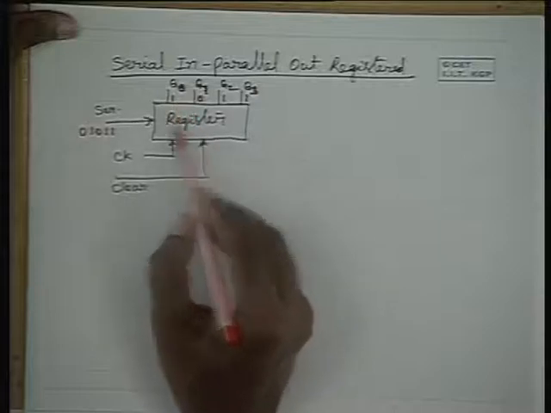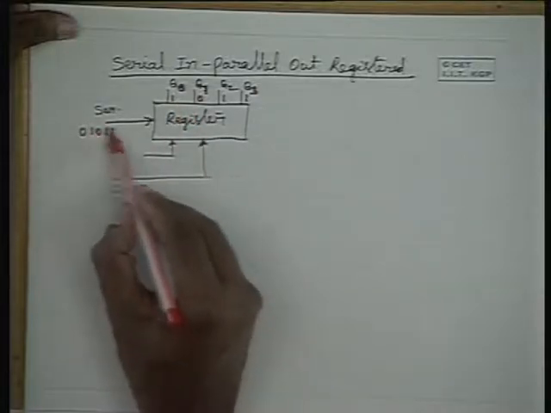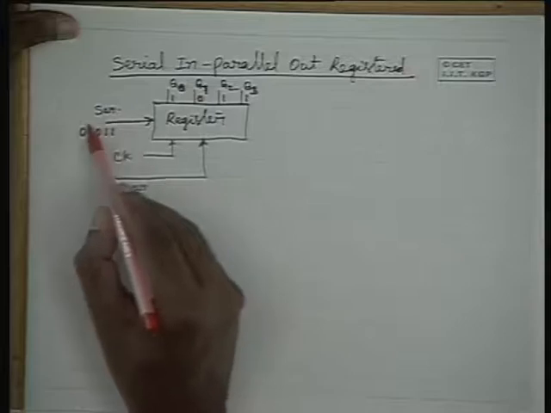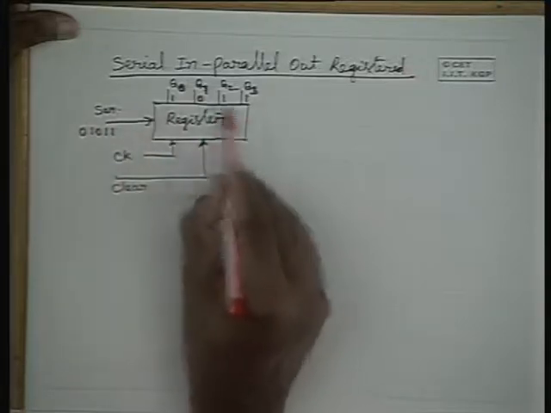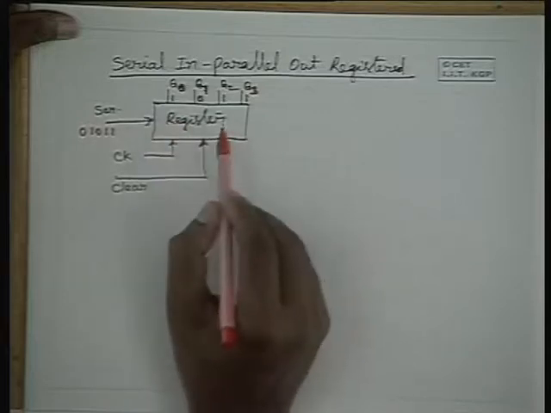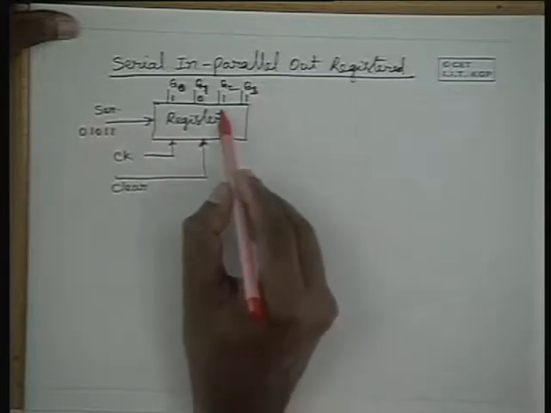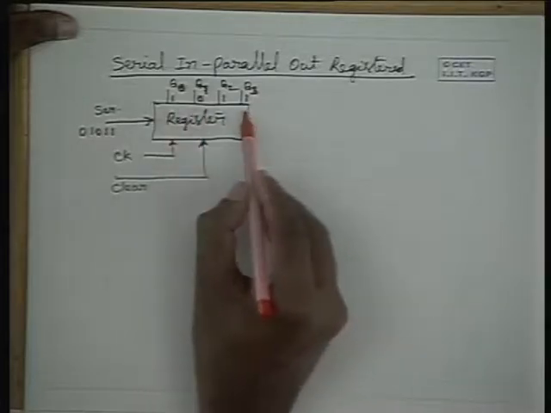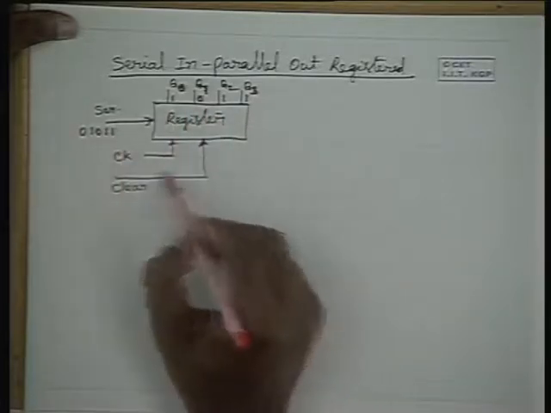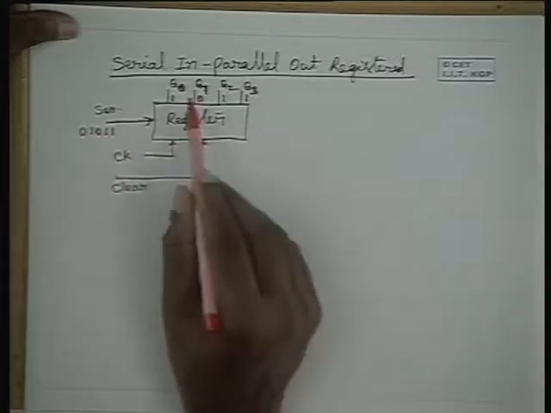That means the 4-bit information that is applied serially into the shift register is available parallelly at the parallel output. So these are parallel outputs, and this shift register can be used as a serial in and parallel out register.